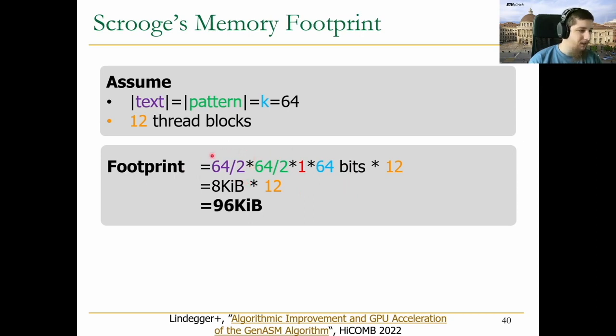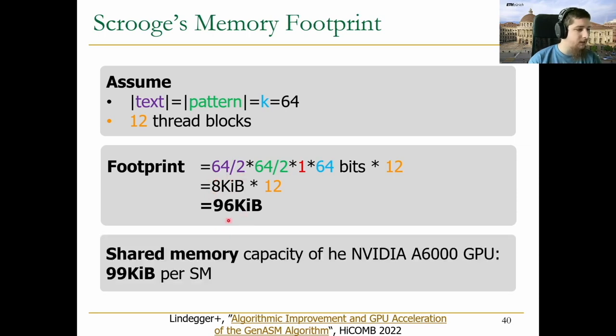We save half of the table, half of the bit vectors, and we only store 1 bit vector per entry. Well, this allows us then to use 12 thread blocks instead of only a single one, because for each single thread block, the memory footprint is only 8 kilobytes, and these 96 kilobytes total fit into the shared memory capacity of an A6000 GPU.